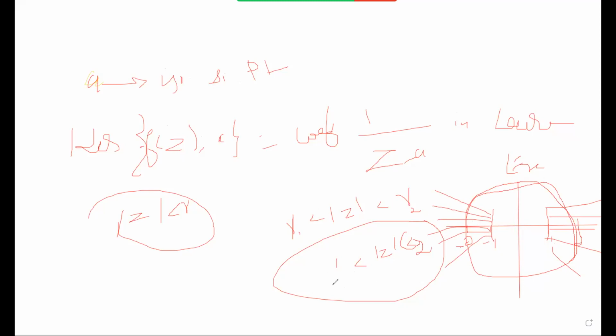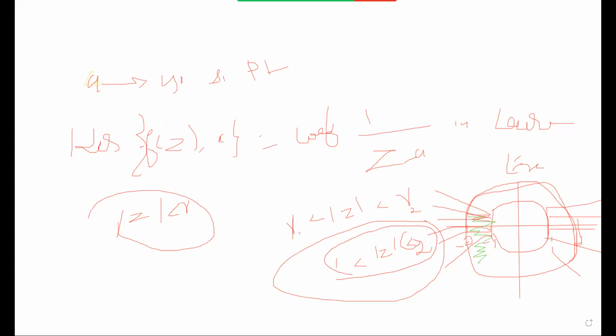Annular region. What is the meaning of 1 less than mod z less than 2? It must lie between, that is, it satisfies mod z greater than 1 and mod z less than 2. What will be the points? These are the points. This is mod z equal to 1, the circular region.